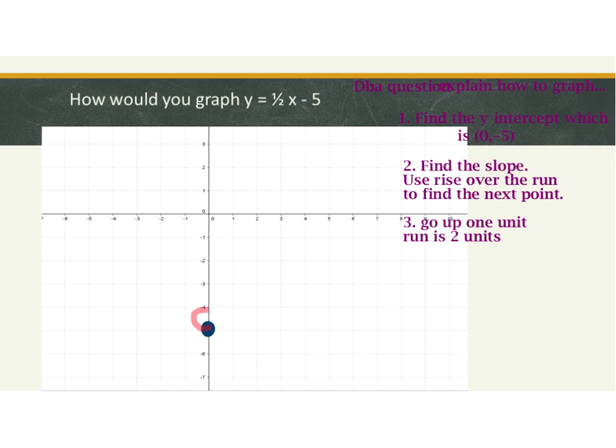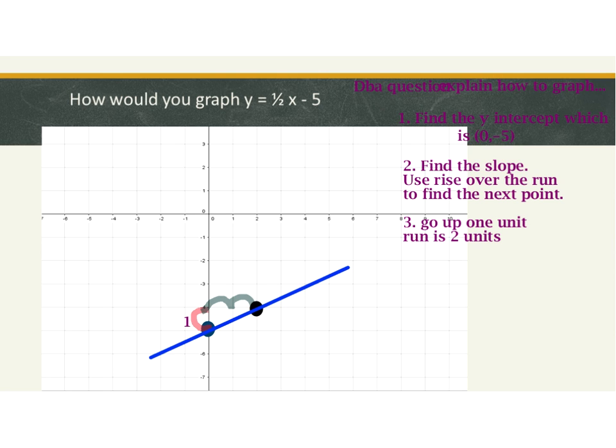So take a look at what I do. I go up 1 unit, and then I'm going to change colors for the next one so you can see. And I run 2 units. And I put my dot there. And then I can draw my line. So I went up 1 unit, and I ran 2 units.